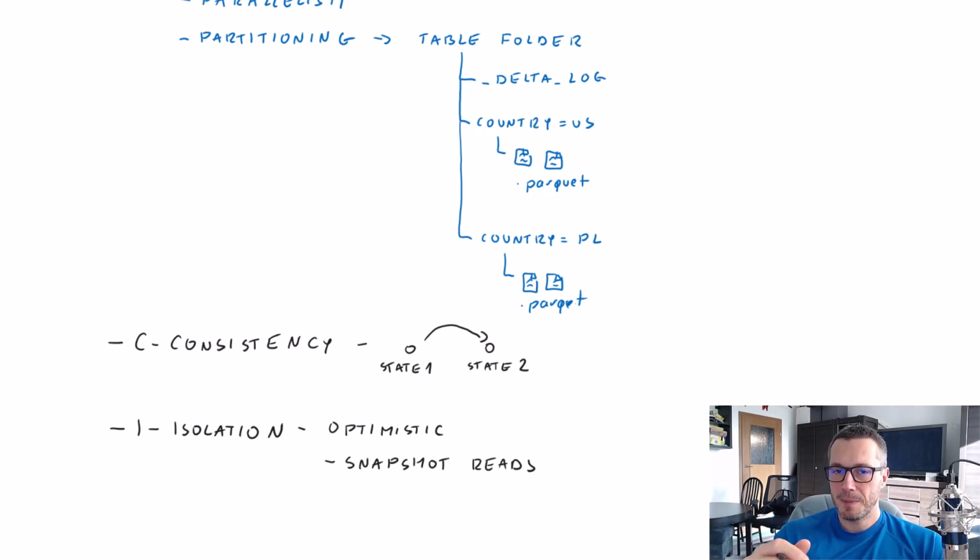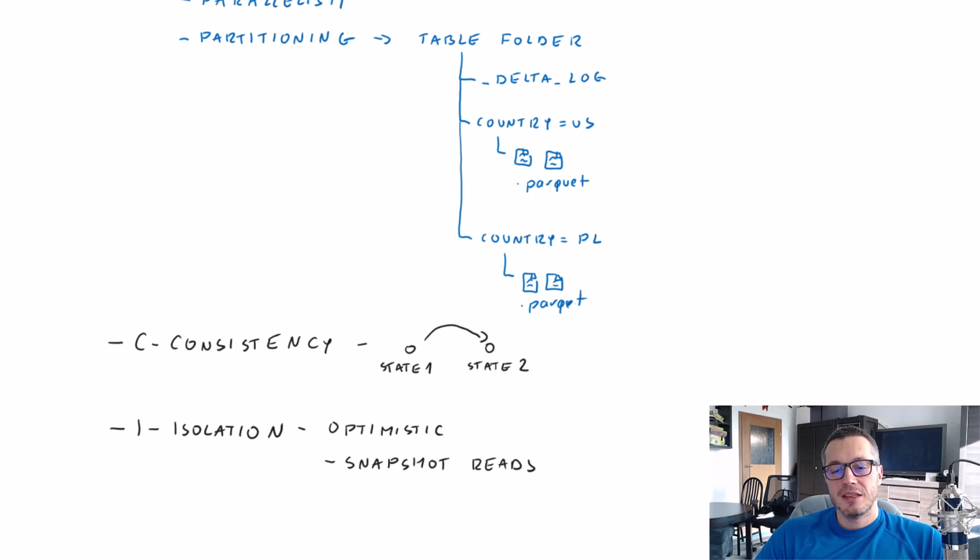And then finally, before committing those changes, which means before writing a new commit to the transaction log, it checks if there were any changes done in the meantime by someone else that might conflict with its changes. If yes, then the transaction will be rolled back. If not, it will be committed.